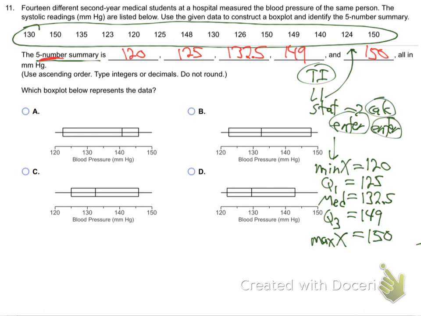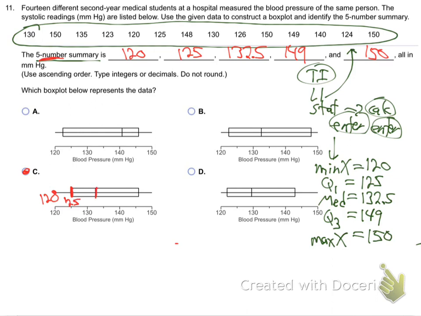And now we need to locate that on the graph here. So can you tell which graph it is? Let's see. Oh yeah, let me help. Basically, it's graph C because this is the first number. This is the 120. The second number is right here, which is 125.